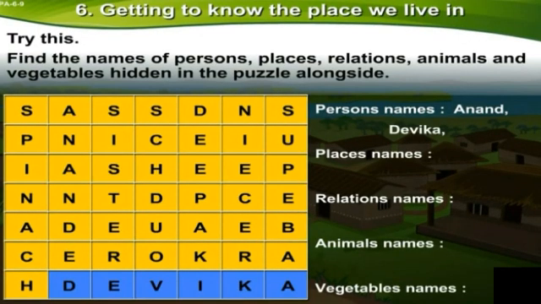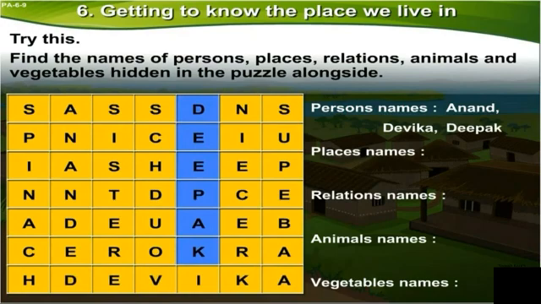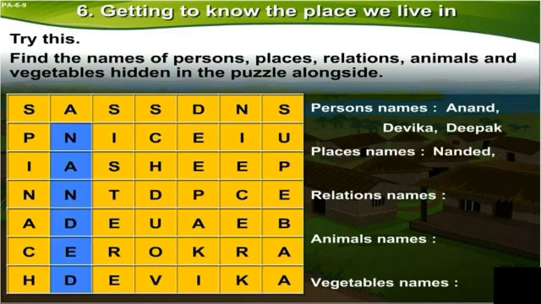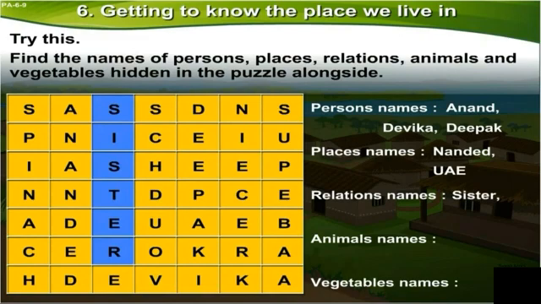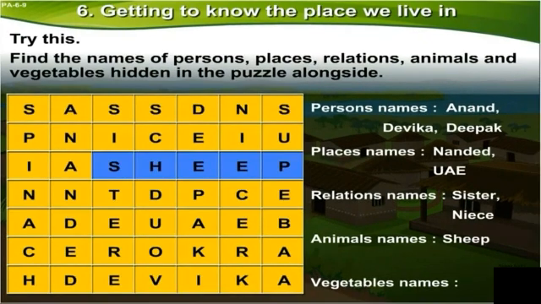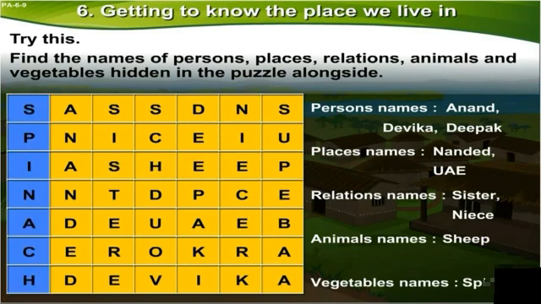Anand, Devika and Deepak. Now we will see the names of places. Nanded and UAE. Now relations. Sister, niece. Now animals. Sheep. And the last, vegetables. Spinach.